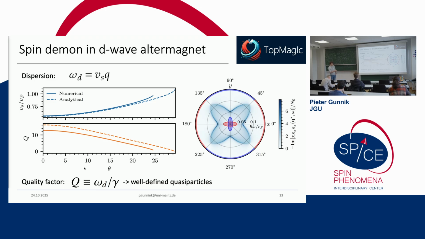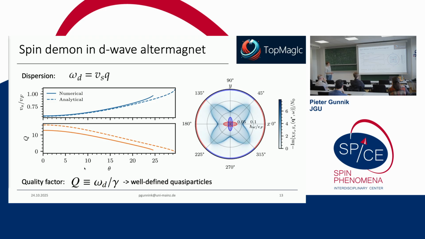We can see that this quality factor, depending on where you are in this altermagnetic spin split plane, can be much larger than 1, and therefore we think you can measure these things and they're relatively well defined and long-lived quasi-particles. Of course, all these things depend on altermagnetic band structure values, so they will change depending on what type of D-wave altermagnet you have.